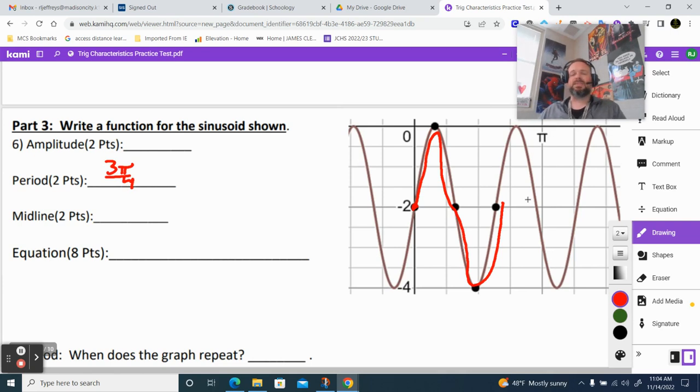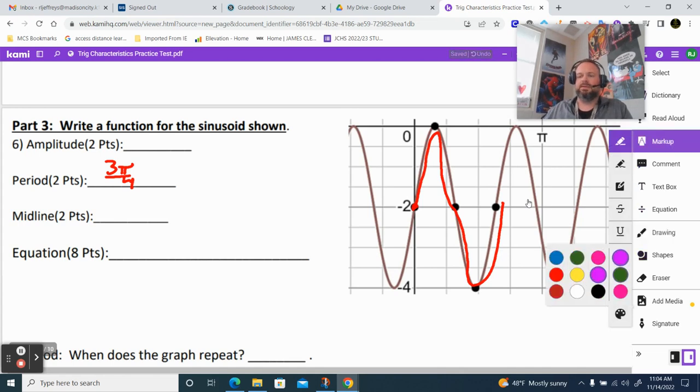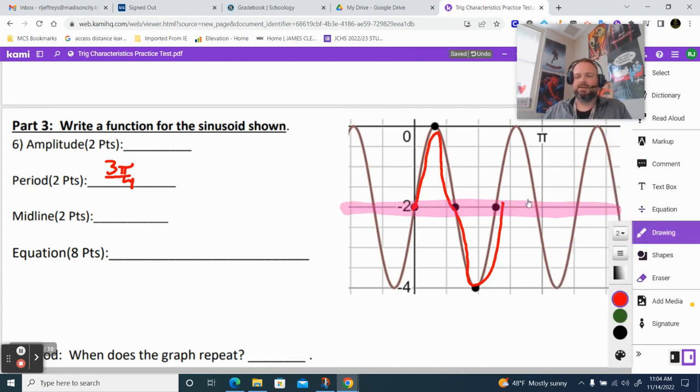Now, amplitude. Well, we kind of need to find the midline to help us with that. Look, here's the middle. So that's our midline. Our midline is y equals -2. That's our k value.